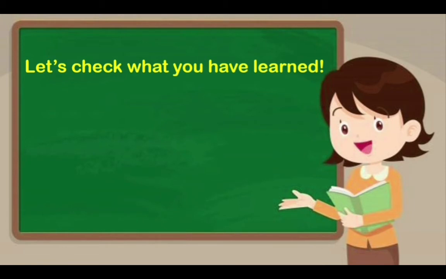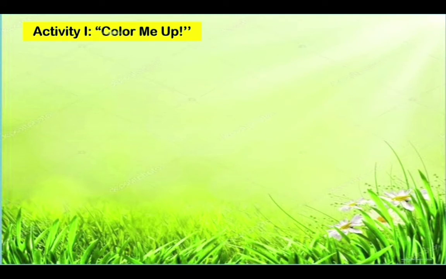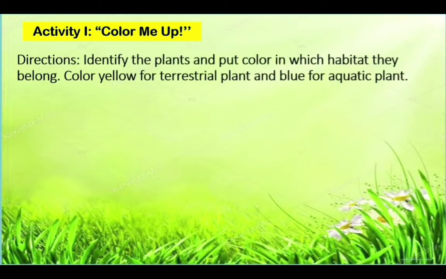Okay, now let's check what you have learned. Are you ready? Activity number 1, Color Me Up. Directions: identify the plants and color them according to the habitat they belong to.